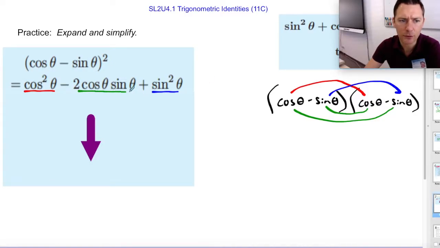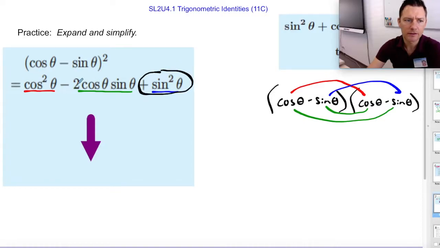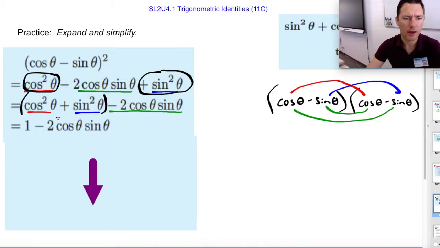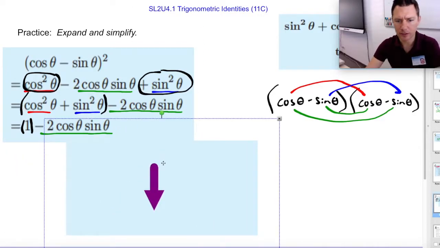So that's this piece, 2 of those. With your nerd goggles on, you could probably already see this is sine squared theta and cosine squared theta, so put them next to each other. Here's cosine squared theta plus sine squared theta added up. Here's the other bit, and this piece becomes 1. And you're just left with that. So that's this part, and this is the leftovers, and I think that's as nice as we can get it.